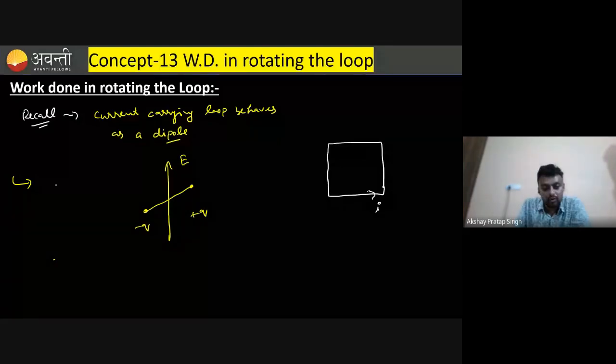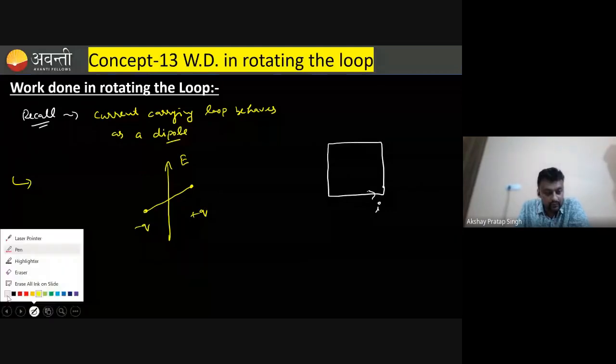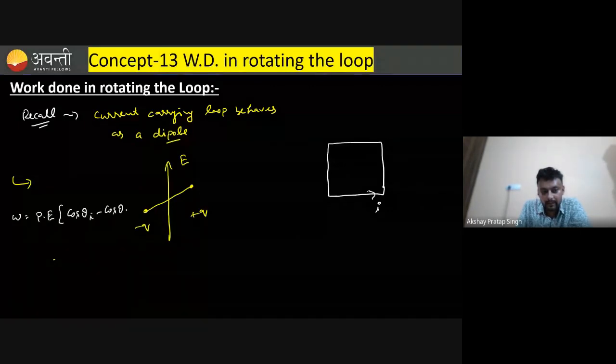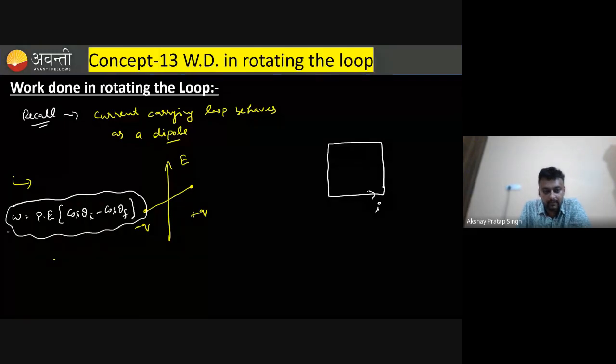So, work done that you need to do is equal to P into E into cos theta initial minus cos theta final. I hope you can remember this relation. Is there anyone who can remember this relation from electrostatics?